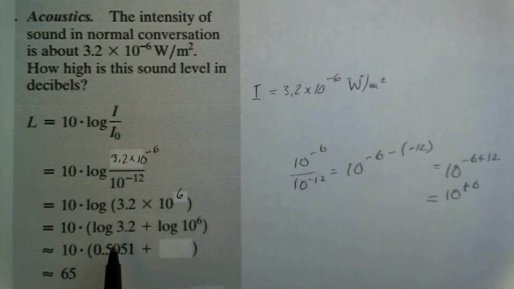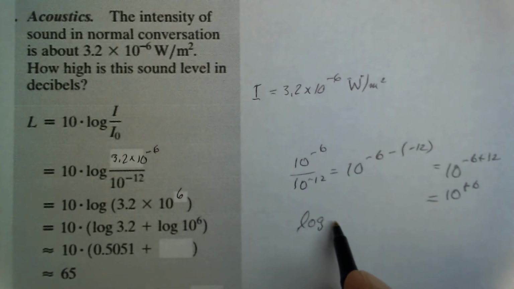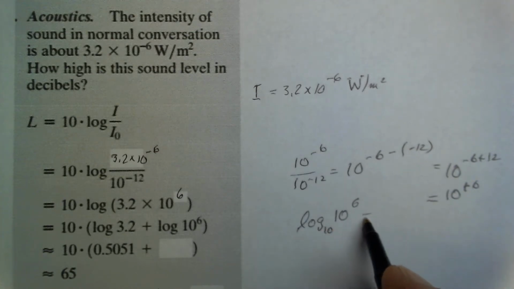So now this is equal to the log of 3.2 plus the log of 10 to the 6. The log of 3.2 is approximately equal to 0.5051. And the log of 10 to the 6, base 10, of course, is equal to 6.